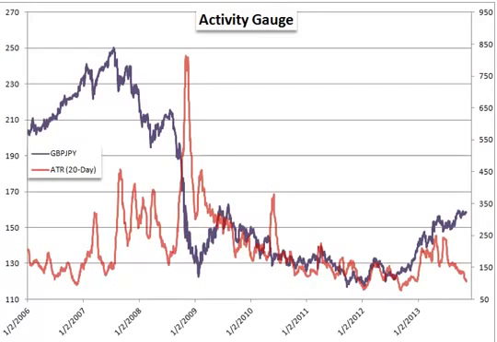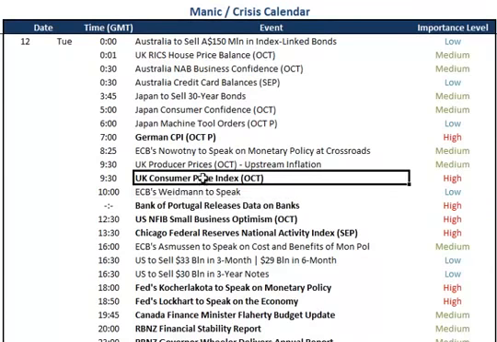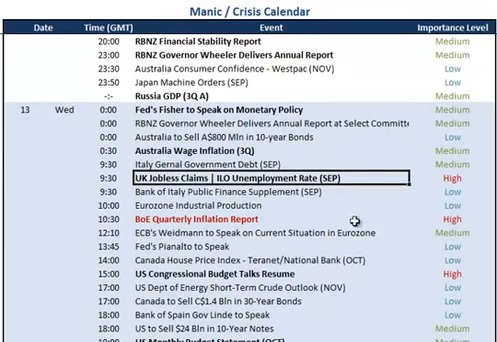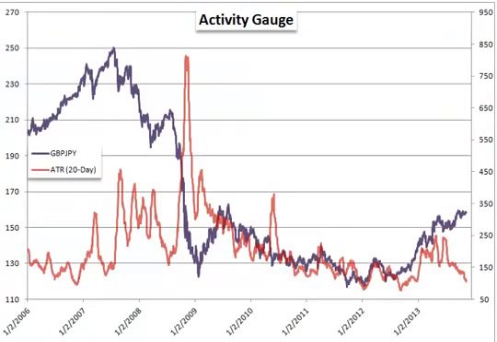When we look at the economic docket for the UK, we know that event risk is going to pick up, starting with Tuesday's CPI figures, and then really kick in on Wednesday's jobless claims and BOE quarterly inflation report. So you put that entire picture together, and you have a complete picture. All right? Market conditions have essentially been assessed by this ATR indicator.